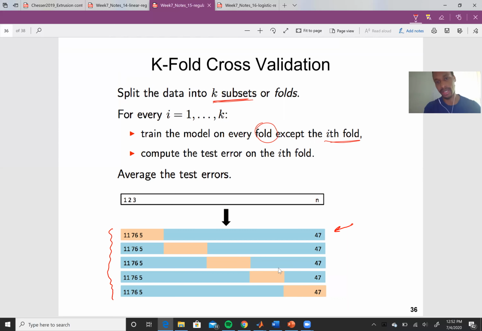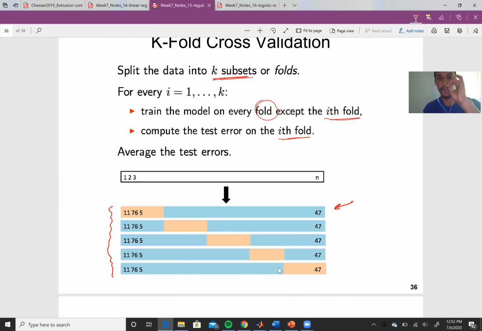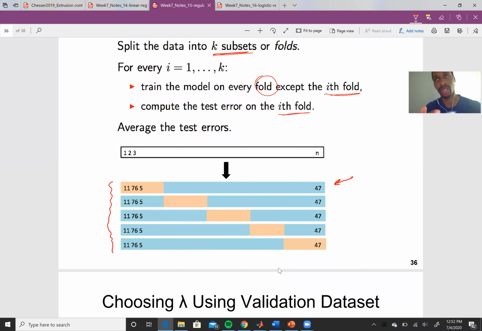Every other subset is your training subset, and one is your testing subset. Then you compute the test error on that testing subset, and average the test errors.